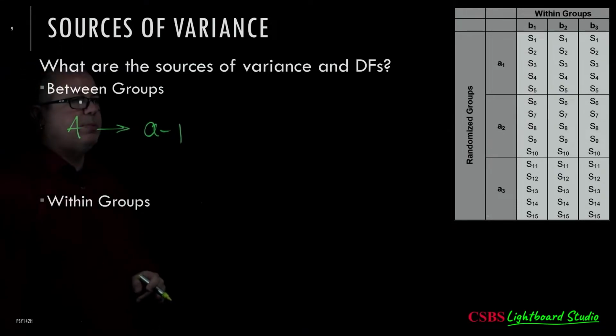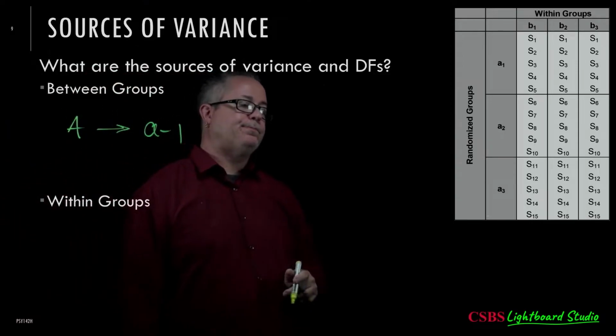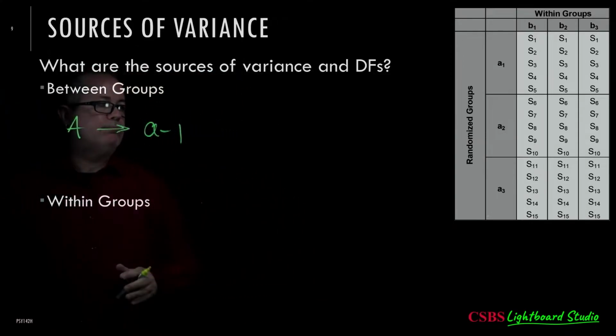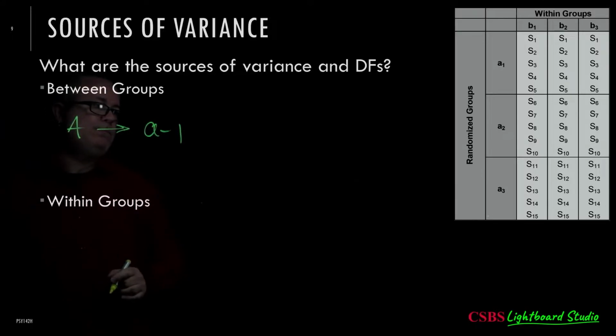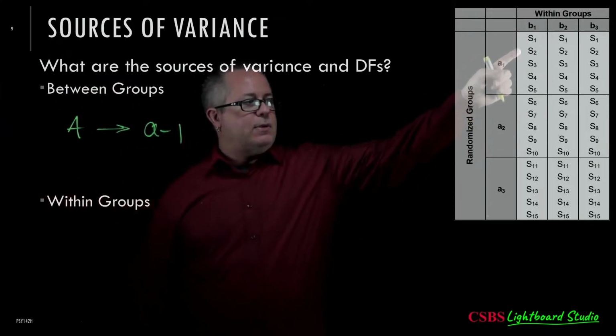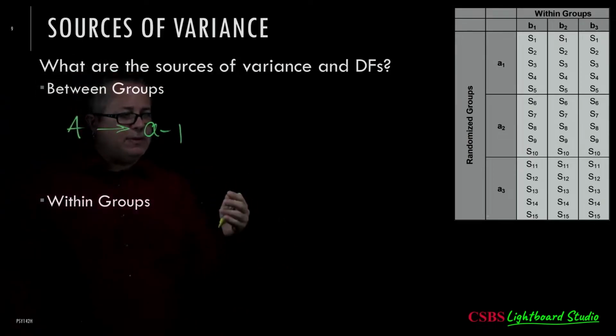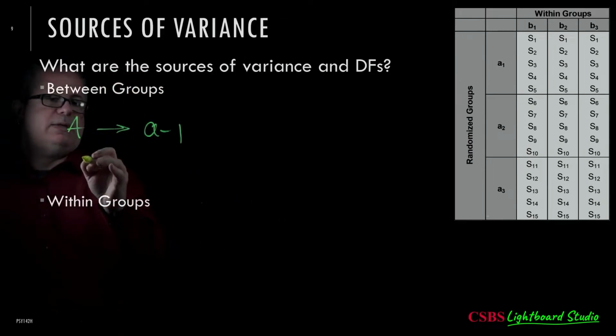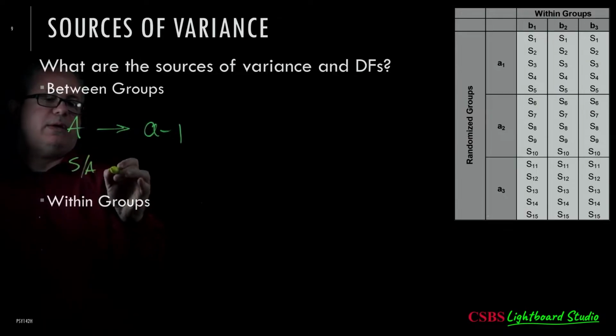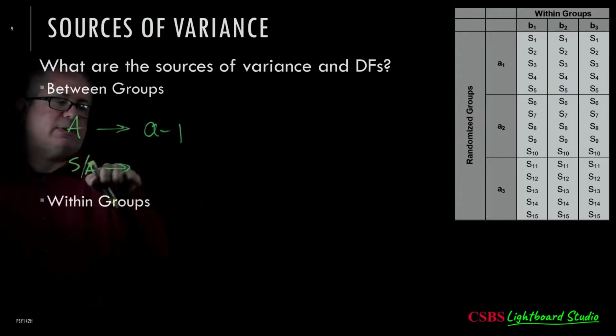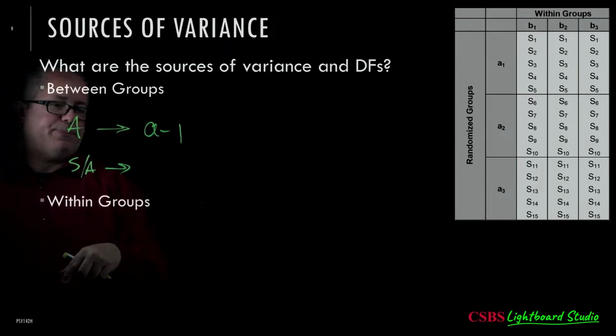What else is completely between groups? Or is there anything else? Since our subjects nest within A, it's not really between groups, it's between subjects sort of, but we can at least think about the subjects within A as being part of this between groups component.